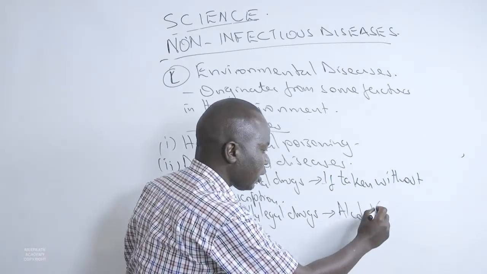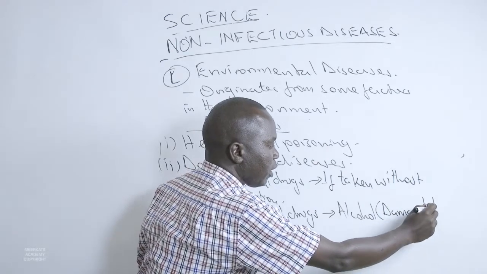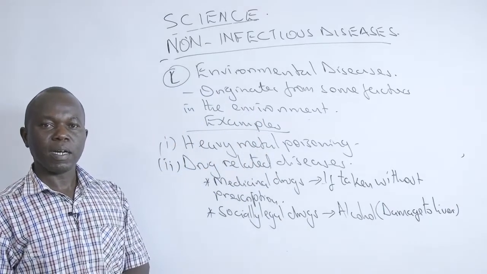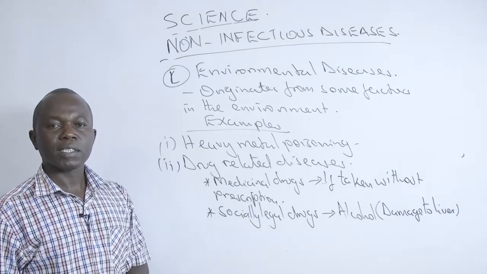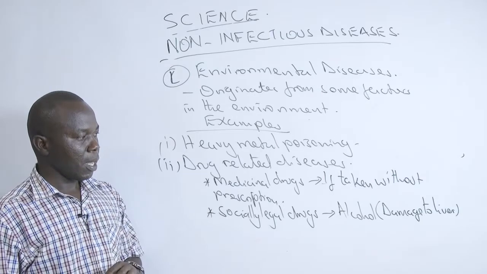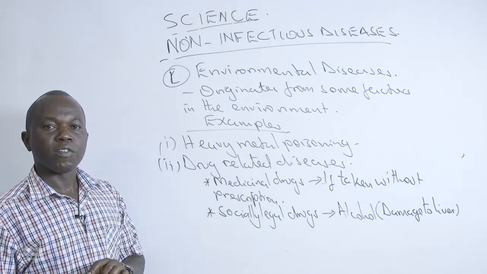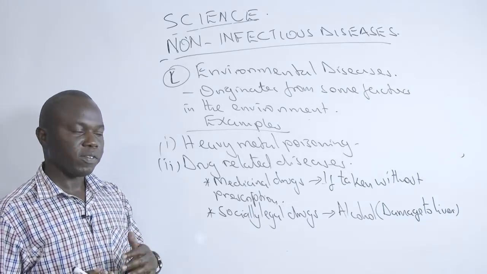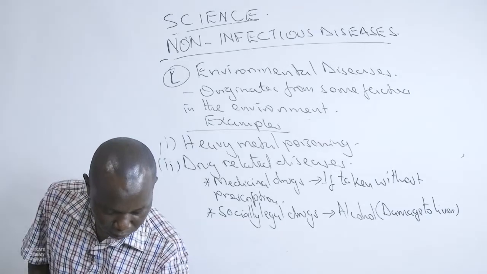For instance, damage to the liver. And it can also damage the nervous system and even the brain. That's why sometimes when somebody takes a huge amount of alcohol within a short period of time, we have had cases of somebody going blind. We have had cases of death due to excessive consumption of alcohol.